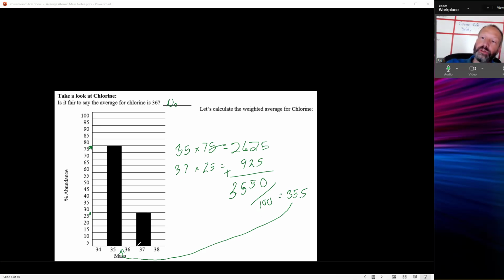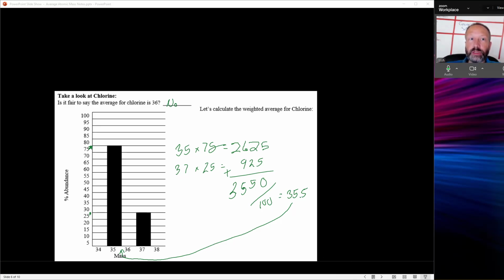Having it closer to the 35, farther from the 37, since there's more 35 and less 37. And this is actually literally how those numbers get put on our periodic table. Scientists do all this calculation for every isotope of every element, and they find this weighted average and put that there. All right, so that's how we do it with chemistry.